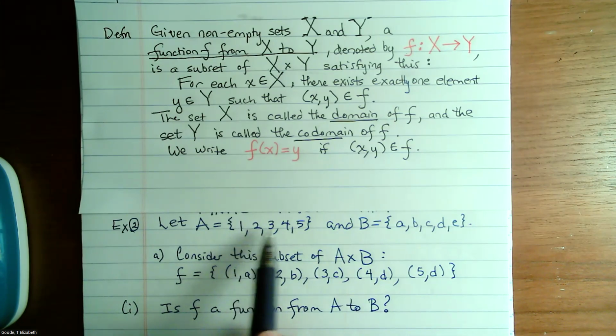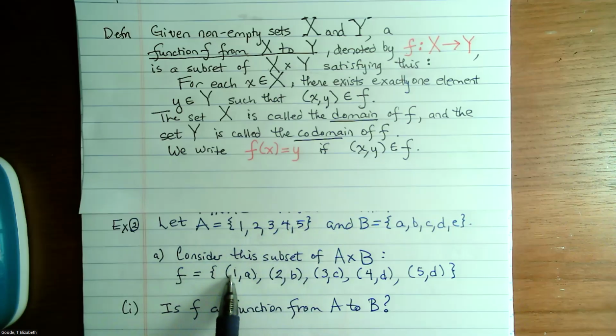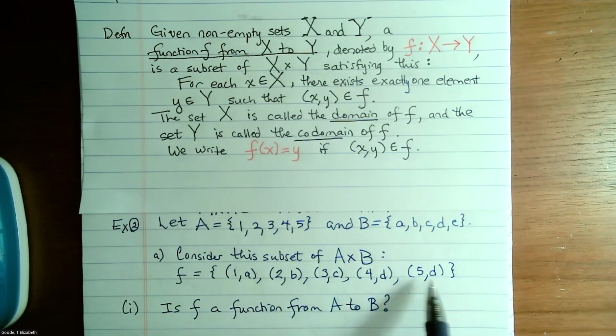Each element of the domain, namely the elements 1, 2, 3, 4, and 5, they each appear exactly once as the first coordinate in an ordered pair in F. And that means each one of them is pairing up, and look at their codomain elements, little a, little b, little c, little d, little d.